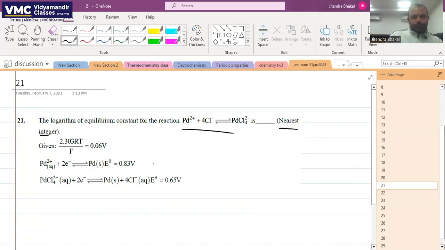So we can use these two reactions to get the E naught value of this third reaction. We can subtract reaction 2 minus reaction 1.